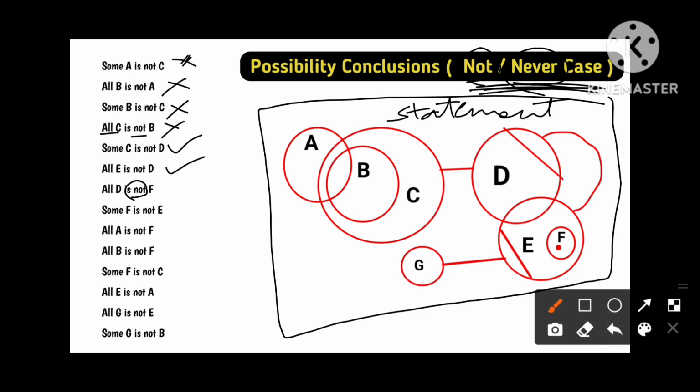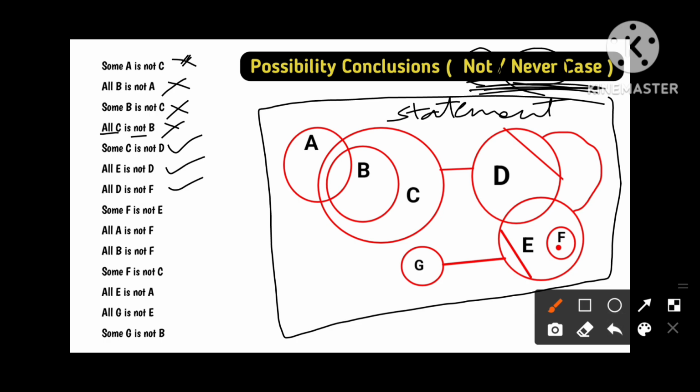Here we see "not". So we check all D can be F. Can we place all D inside F? If we place all D inside F, then some part of D is sharing with F. But in our diagram we represent that F only shares with E. So all case fails, which means our not case will be true.